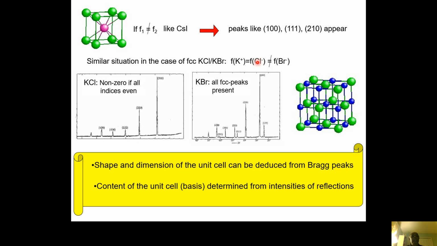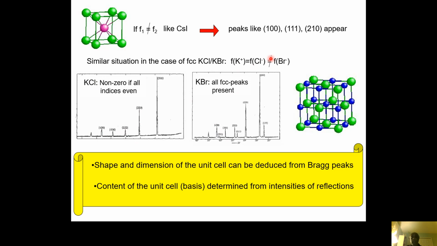So that's why you get reflections only when all the indices are even. You don't get reflections when all the indices are odd. So here in this one you get 420, 400, 222, all even. But here you can get all odd and all even, because the atomic form factors are different.